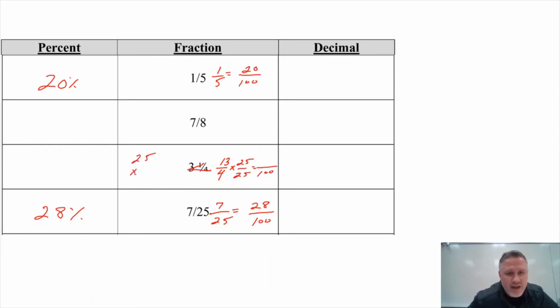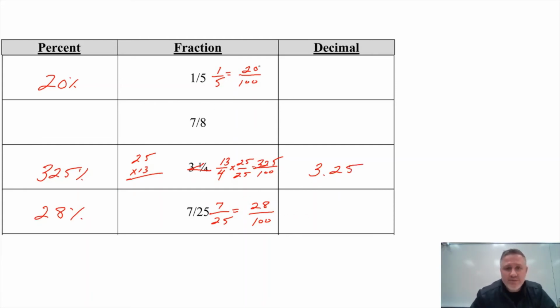If I do that, I'm going to count by 25s. 25, 50, 75, 100. 25, 50, 75, 200. 25, 50, 75, 300. And 25 more makes 325 hundredths. So that is 325%. And that kind of makes sense because $3.25 is 3.25, right? So it's kind of cool to see how that works.